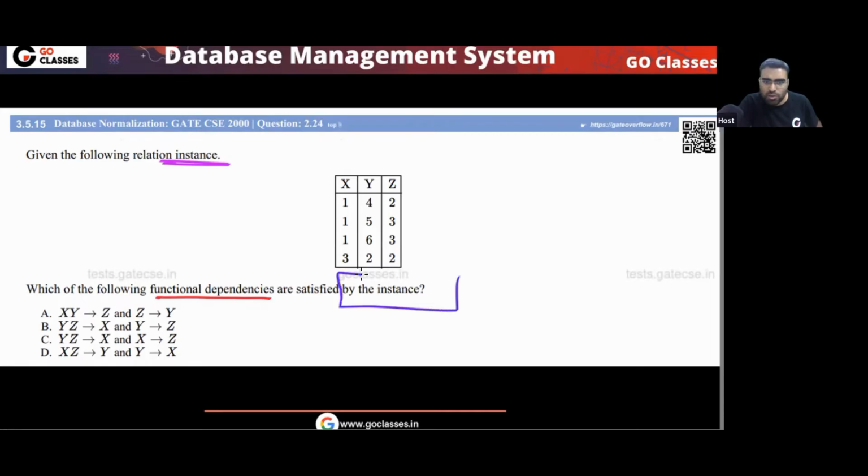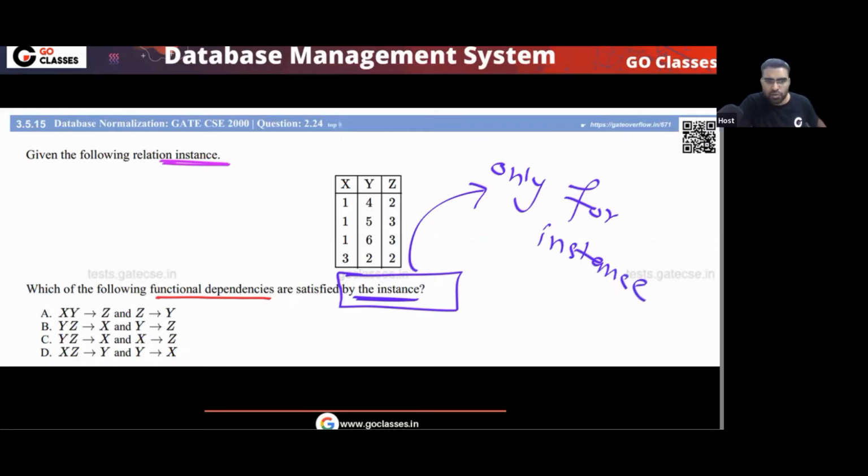In this GATE 2000 question, the question is asking only for the instance, meaning this instance will satisfy which FD?